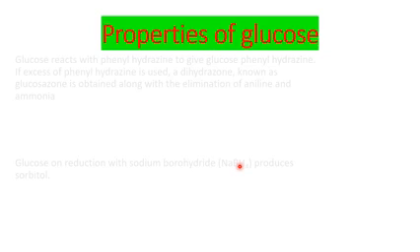Glucose reacts with Tollens' reagent, ammoniacal silver nitrate, to form a silver mirror. In Fehling's test, it gives a red precipitate of Cu2O. With HNO3 it gives saccharic acid. With bromine it gives gluconic acid. So these are the other reactions of glucose you have to study.